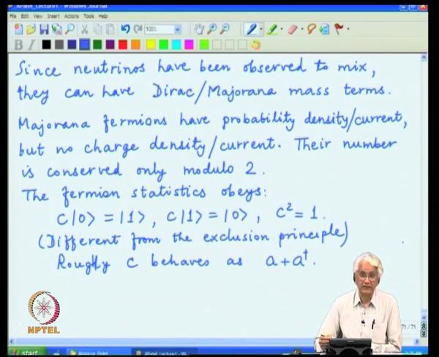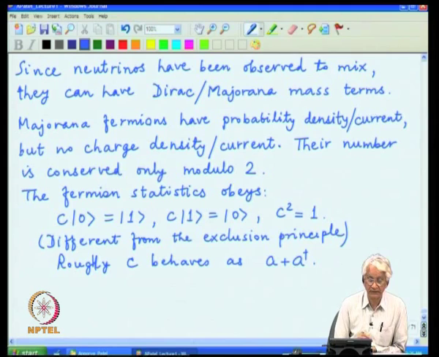So, depending on dimensionality, one might even have a situation where the fermions can be defined so that they have both Majorana and Weyl properties simultaneously.